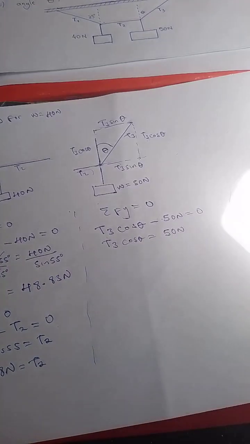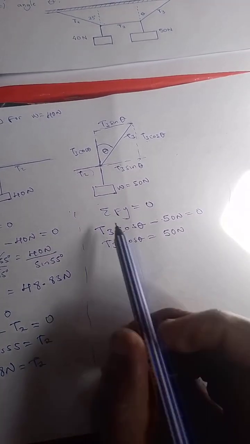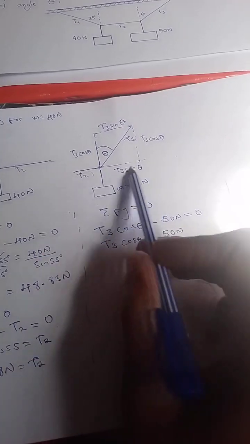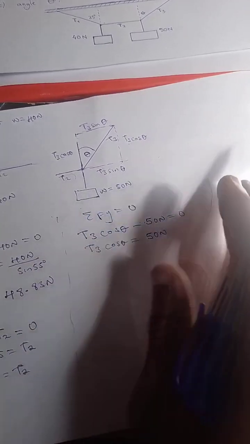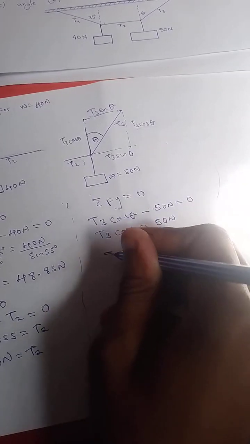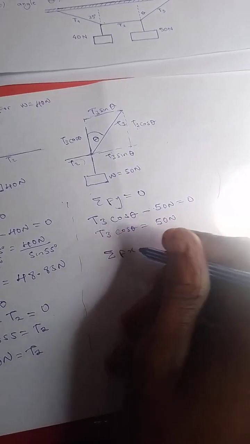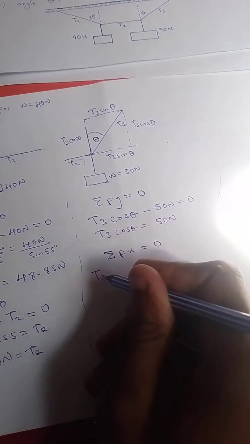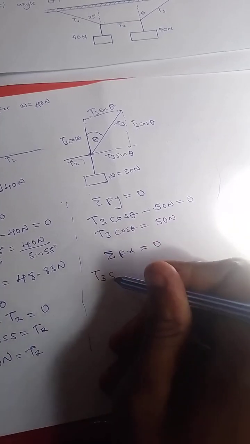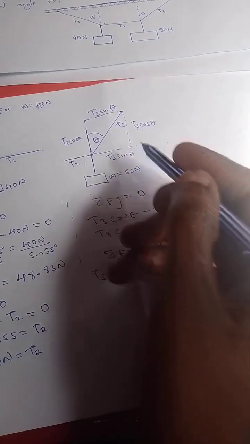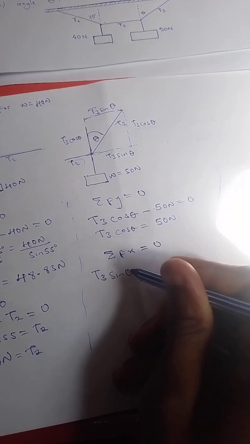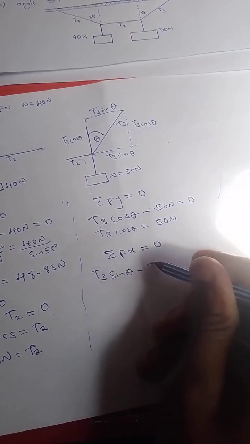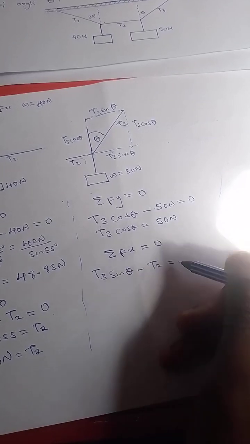The second equation should come from the x components. The summation of the horizontal forces should be equal to 0. Then T3 sine of theta, minus T2, should be equal to 0.